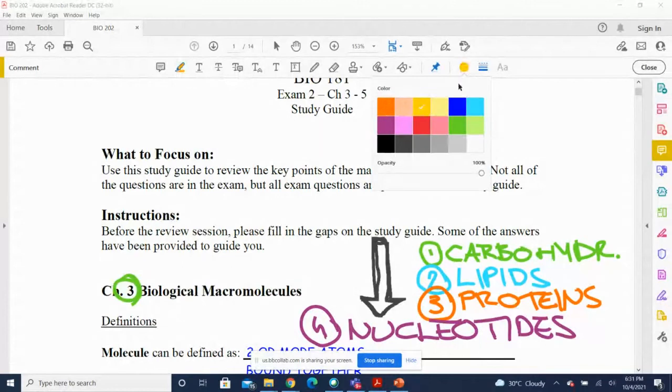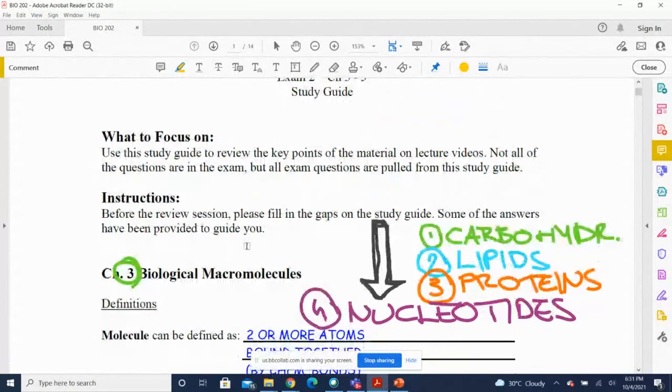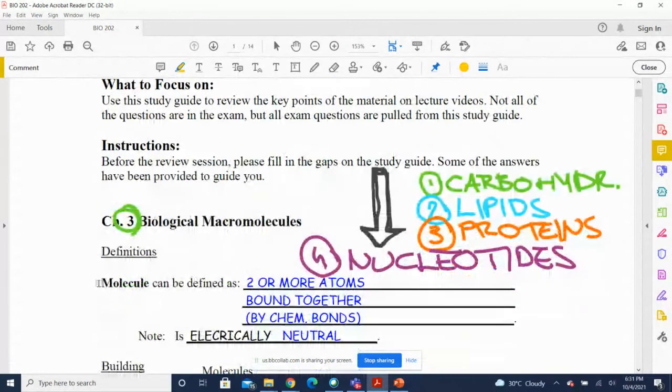Before we move on too much further, there are a couple of terms that I want to make sure that we are comfortable with. And the first one of these is the definition of a molecule. So you remember, a molecule is atoms that are connected to each other. They are bound together by chemical bonds.